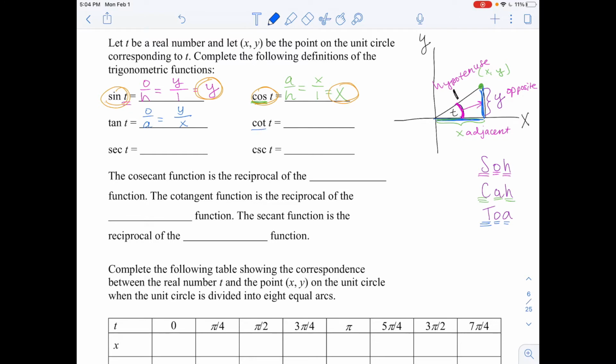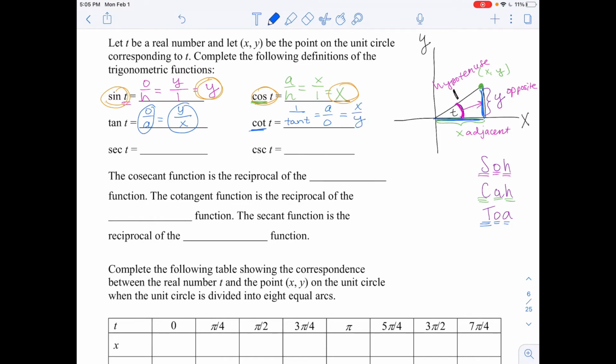Now, cotangent comes from tangent in that it's 1 over the tangent of the angle. 1 over anything is just the reciprocal. So the reciprocal of tangent, which is normally opposite over adjacent, is going to be adjacent over opposite, which in this case is the reciprocal of y over x. So that's x over y.